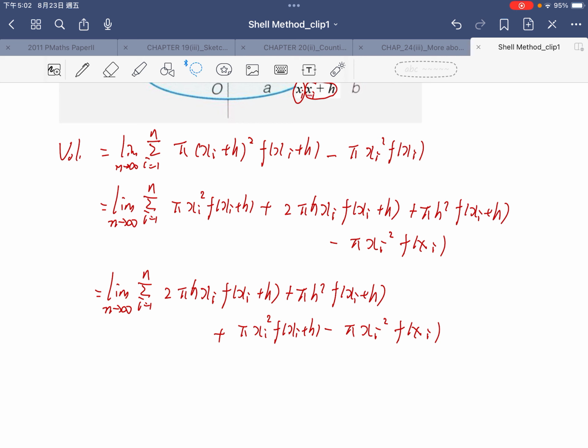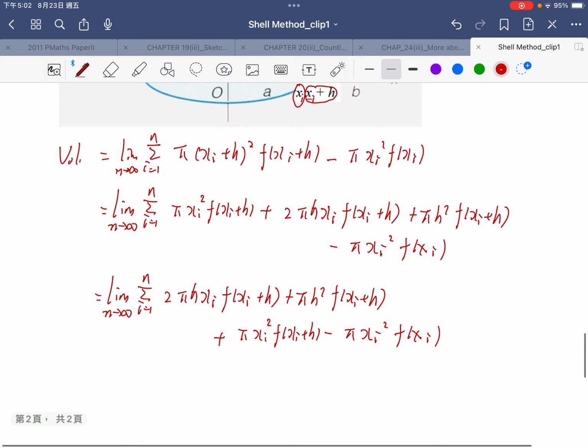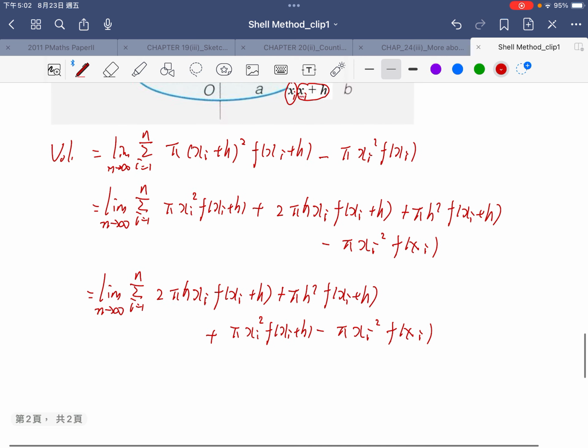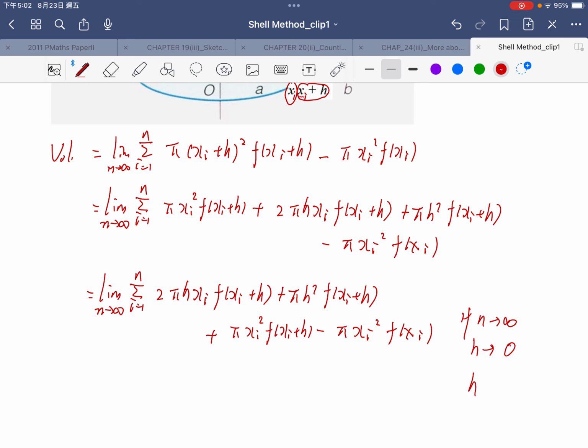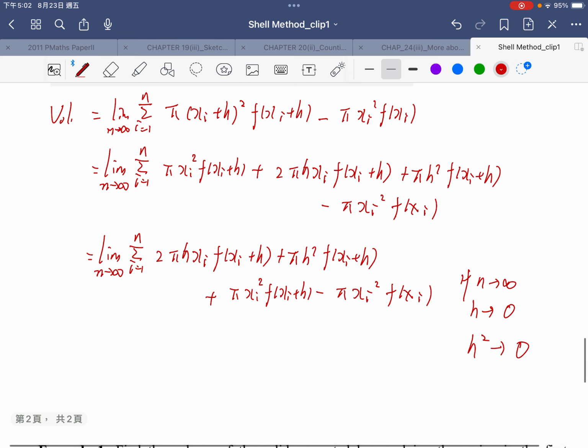If n tends to infinity, that means h tends to 0, and then h squared is very small, so this term can be ignored; ignored means this term tends to 0.